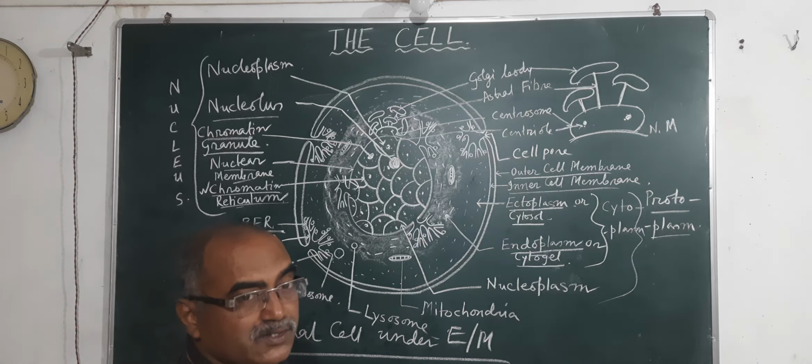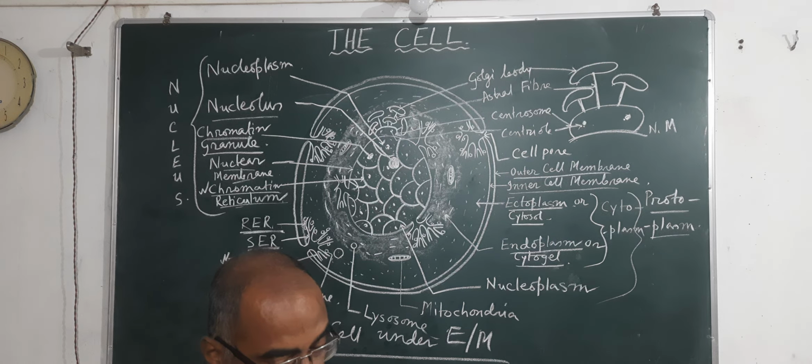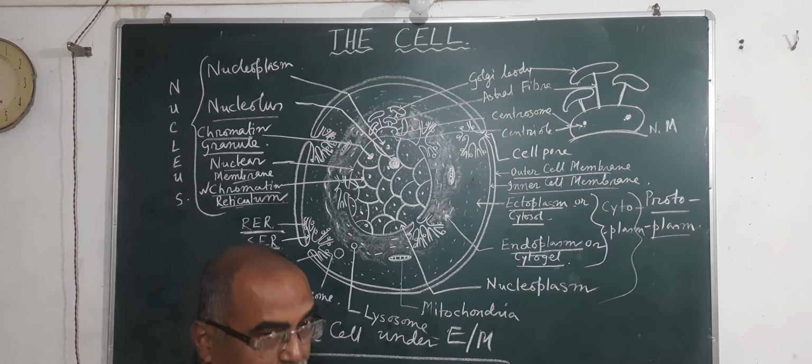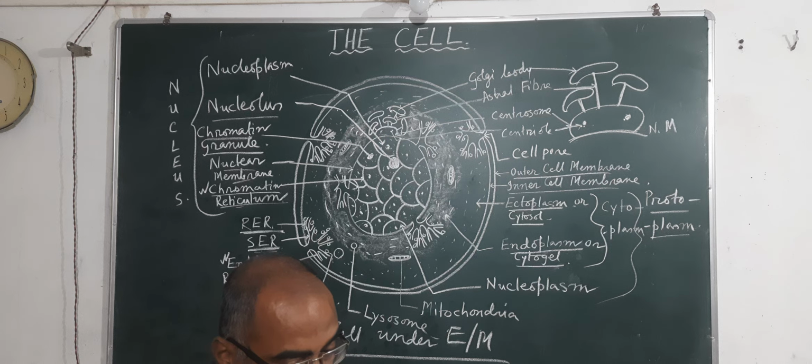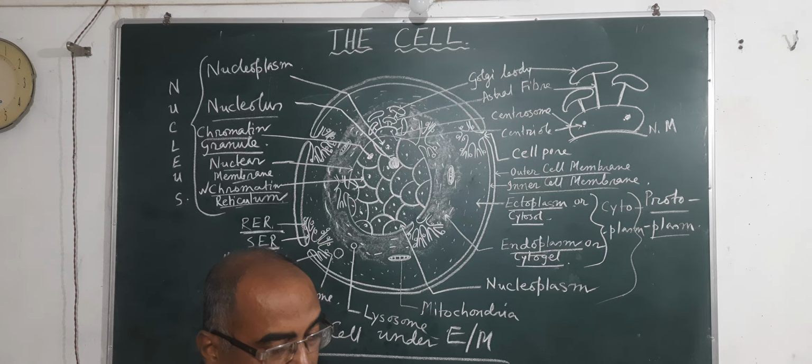So today what things we have studied about the cell: tissue, organ, system, organism, then the characteristics of cell theory, unicellular organism, multicellular organism, then the drawings of unicellular and multicellular organisms. You will pause the video and draw this diagram.